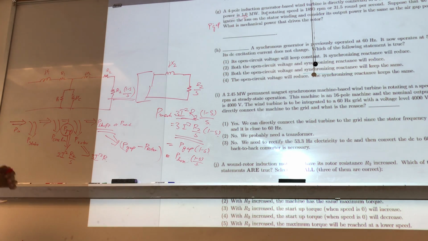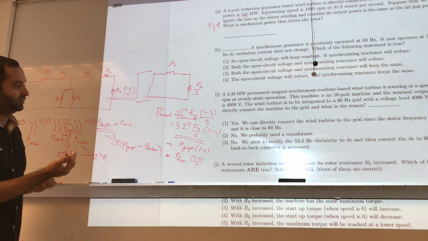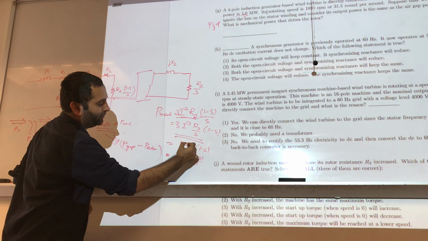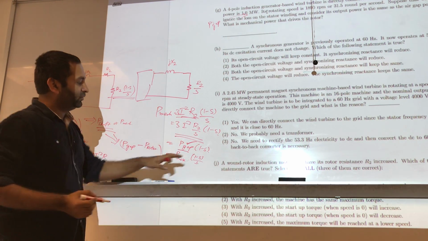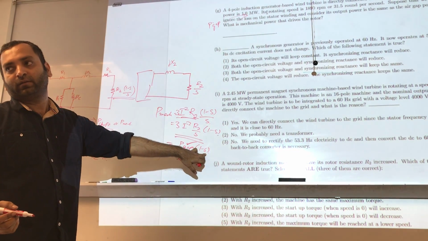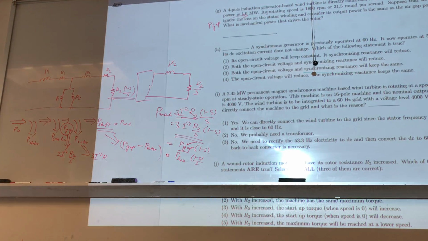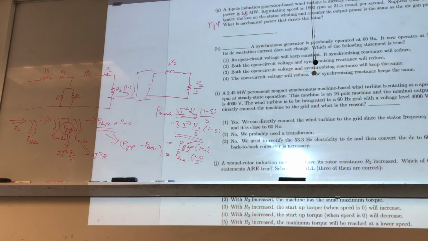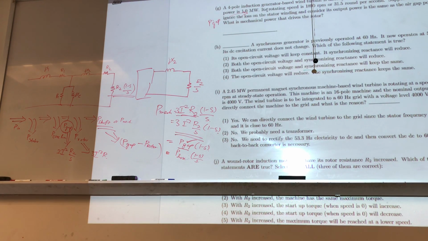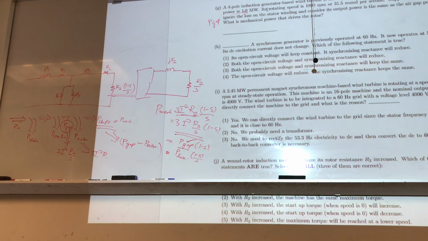So now you have P gap. Which formula should we use? We should use this one because we know P gap. We just have to find the slip and then we'll find the P mechanical. Does this look too complicated? Is the reason we're using P gap and not P shaft because it says we can ignore the losses?